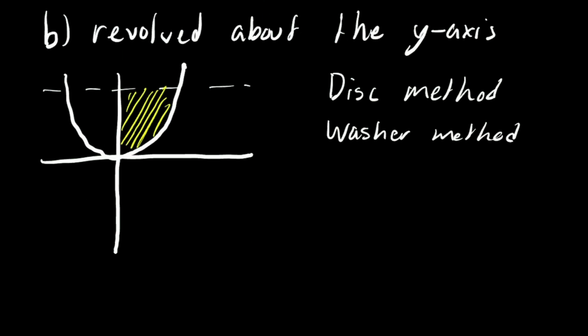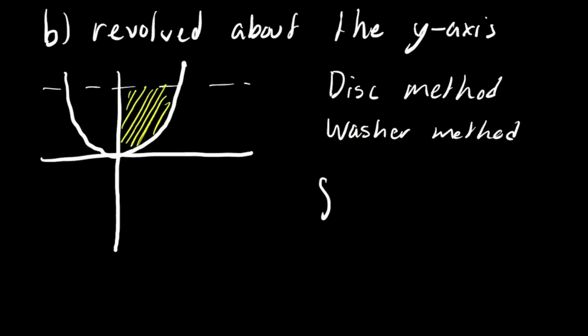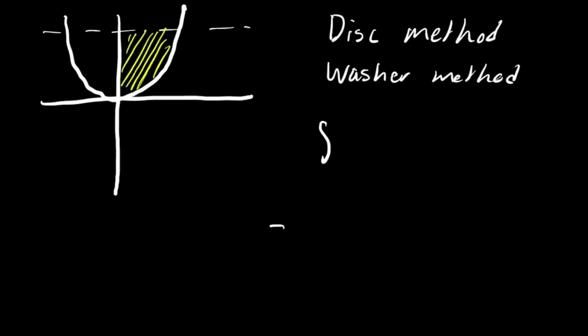is taking the volume, taking the area of a bunch of shapes stacked together, right? Remember, if you have a circular piece of paper and you stack a bunch of them on top of each other, you generate a three-dimensional shape.